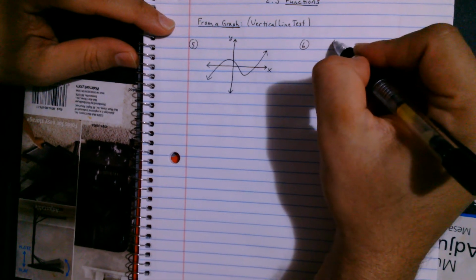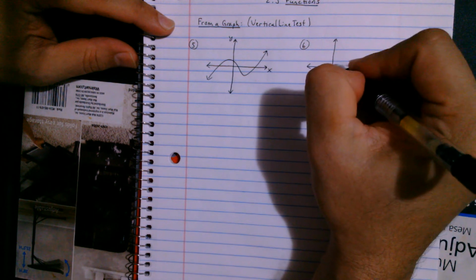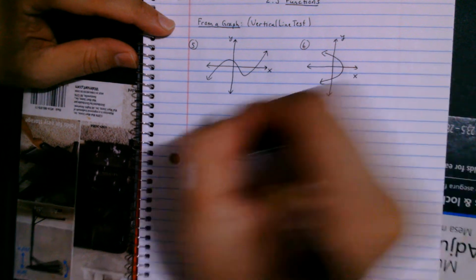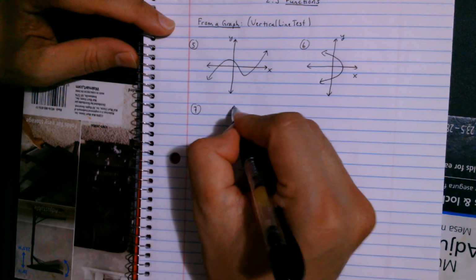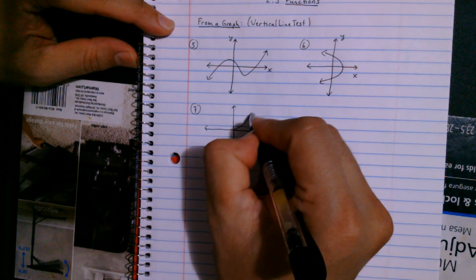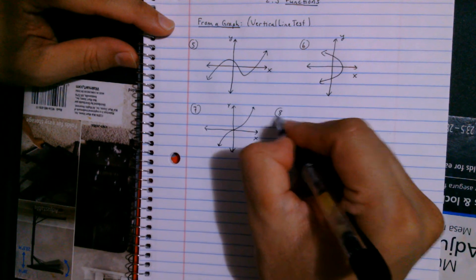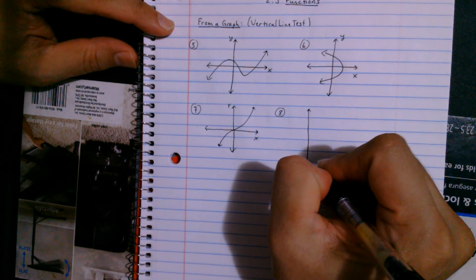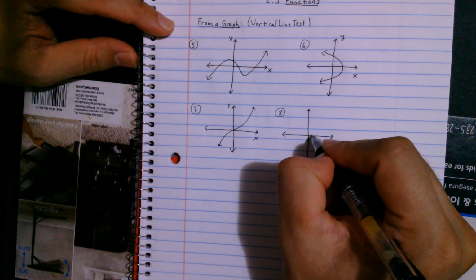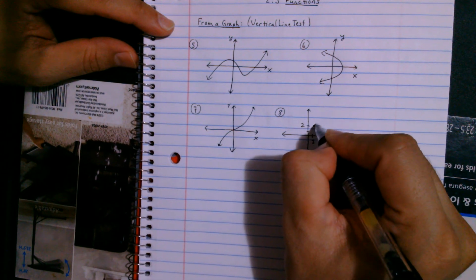Let's say you have another graph. Something like this. Let's say another graph. Something like this. Fourth graph, something like this.